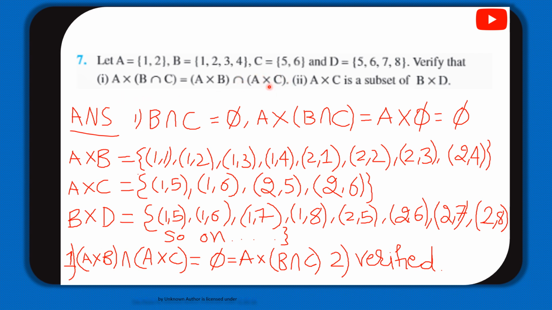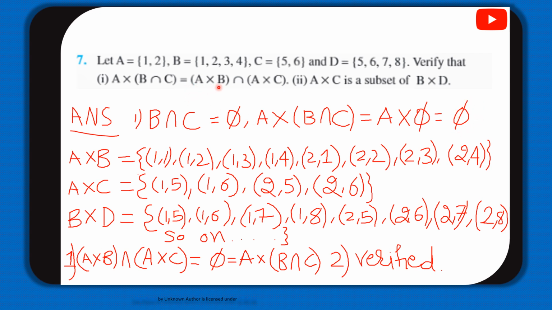You have to solve this first: B intersection C. The intersection of B and C is equal to empty set. How? B has 1, 2, 3, 4 and C has 5, 6. Since they have no common elements, the intersection is empty. So A multiplied by (B intersection C) will be empty.